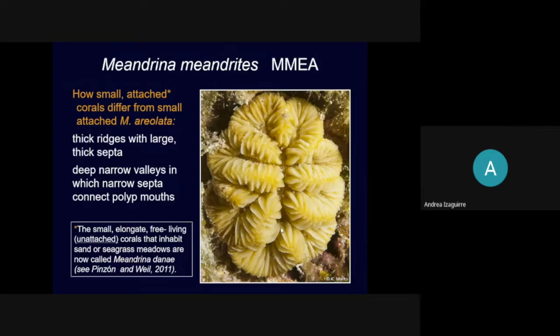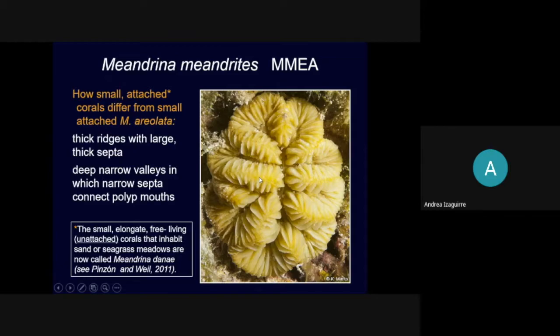Okay, when it first starts out, it can have certain similarities to MARE, but it's going to have such distinct thick septa that I don't think you will confuse this.